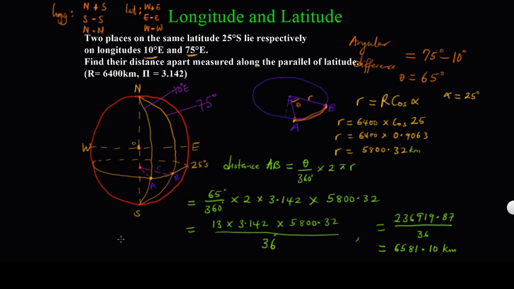So we can then say, therefore, the distance along the parallel of latitude of these 2 points is approximately 6581 kilometers. So we have been able to successfully determine the distance apart measured along the parallel of latitude for the given 2 points on the Earth's surface.